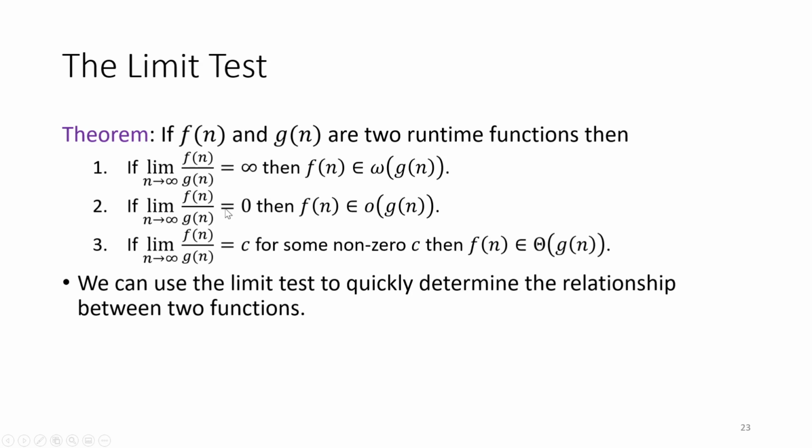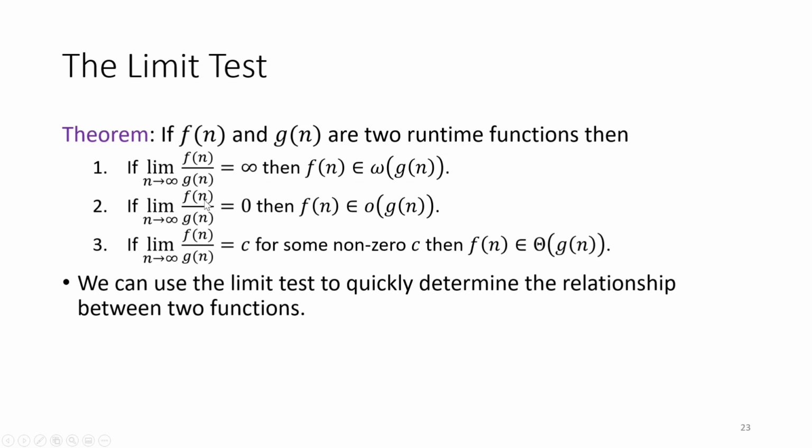What if we flip them around? If we had n on the top and n squared on the bottom, again canceling them out, we're now taking the limit of 1 over n. Well, that we know, of course, goes to 0. And that was when we flipped the relationship around. Instead of the greater than we had here, we now flipped it around, so that gives us a less than relationship.